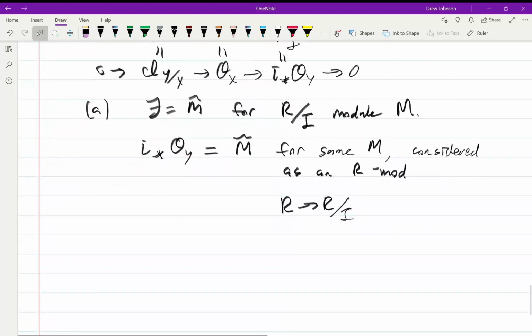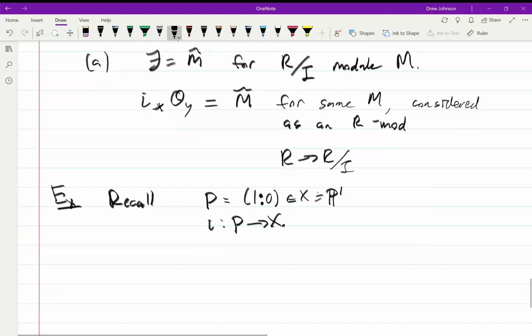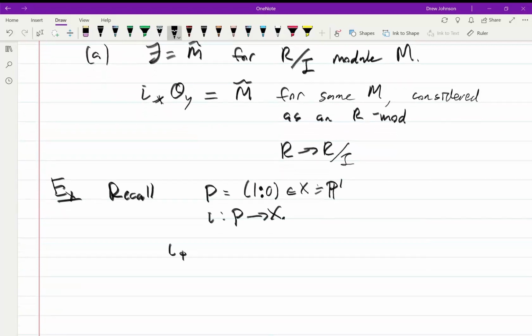Let's return to the example we did last time with the skyscraper sheaf. So let's recall the setup there. We had P equal to the point in homogeneous coordinates 1, 0 in X, which is P1 in this example, and i was just the inclusion map from P into X. Then we had our standard open cover, and we also saw that the push forward of OP was just the skyscraper sheaf kP.